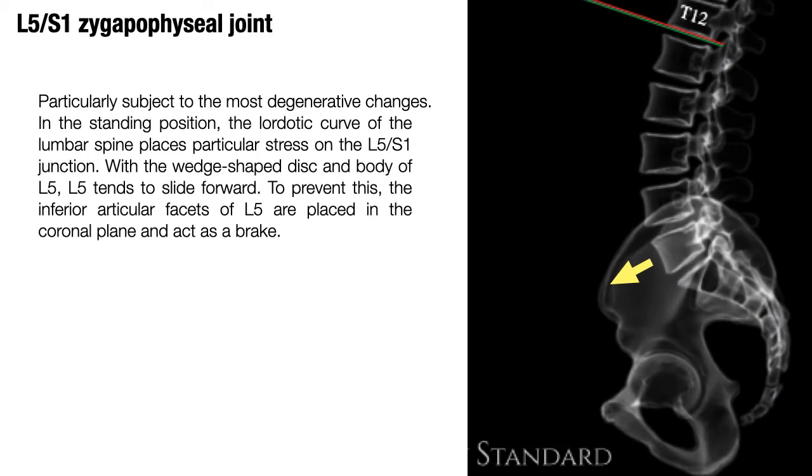The last zygapophyseal joint at the L5 sacrum junction suffers quite a bit of stress and has a tendency to escape forward. To prevent this, the inferior facets of L5 are oriented in the coronal plane.